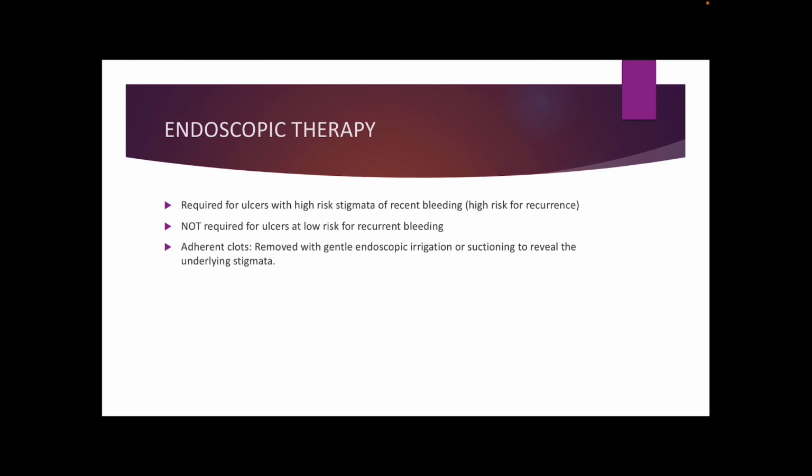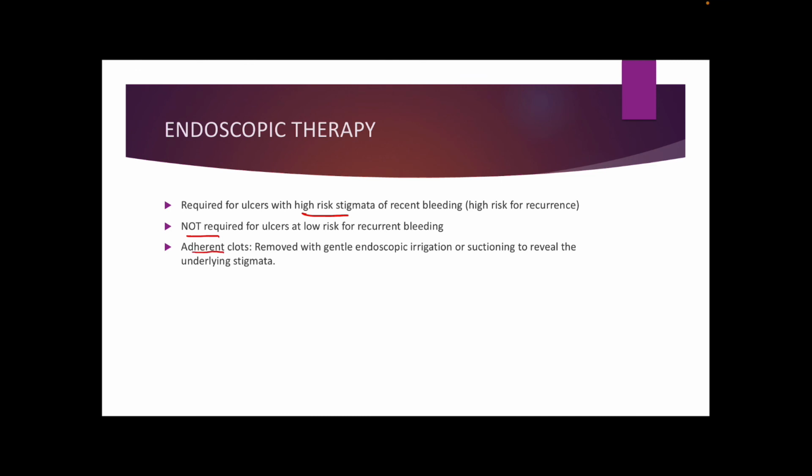Now, apart from pharmacotherapy, we also have endoscopic therapy. Endoscopic therapy is required for ulcers that have a high risk stigmata of recent bleed or high risk of recurrent bleed. It is not required for ulcers that have low risk for recurrent bleeding. And just a note about adherent clots.